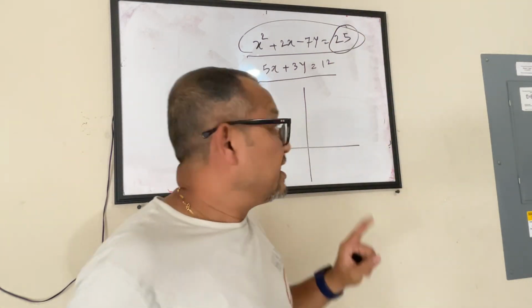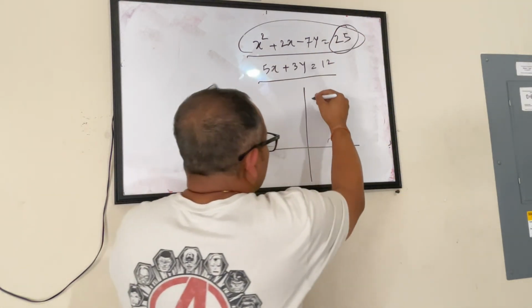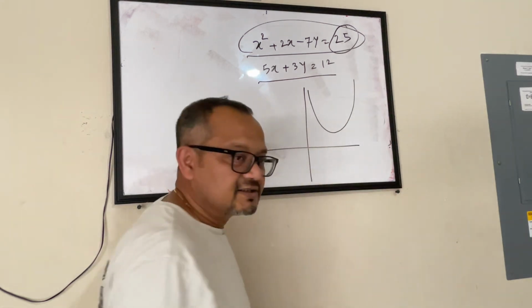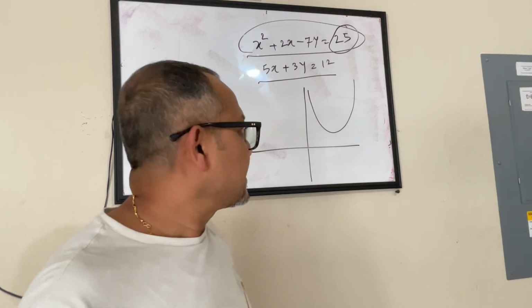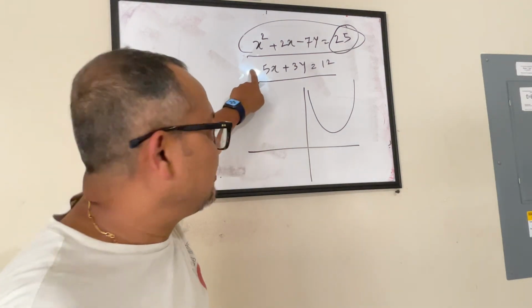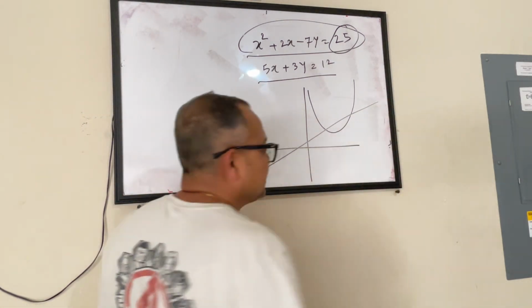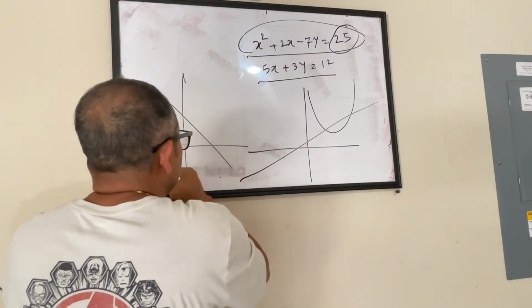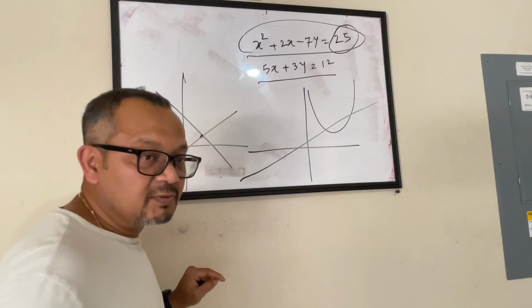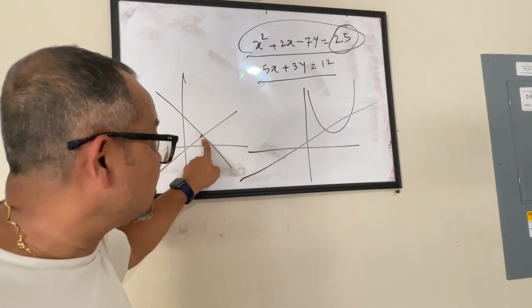So let's say the parabola draws like this. With this equation, you draw a parabola like this. With this linear equation, you draw a line like this. What happened in this case? When we were talking about two linear equations, they were meeting at one point, giving us one solution.